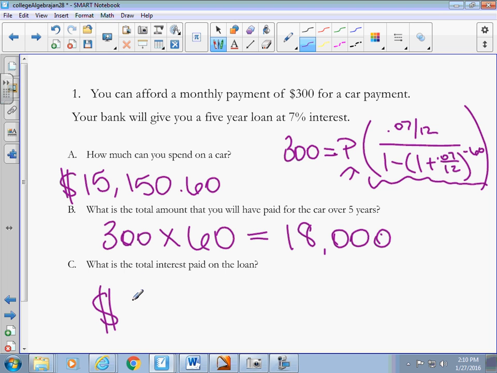Let's be more accurate on that. It's like $2,849 and 40 cents. Does everyone know how we're getting these numbers?